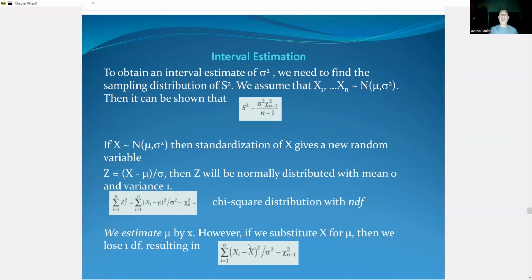I don't know it, so I'm going to estimate it. Theoretically, this would be chi-squared with n degrees of freedom. Here, I'm inducing a little bit more variability because now I'm using my data in a second way. And so that invokes more randomness. Because of that randomness, I'm going to have a more spread out distribution, n minus 1 degrees of freedom.